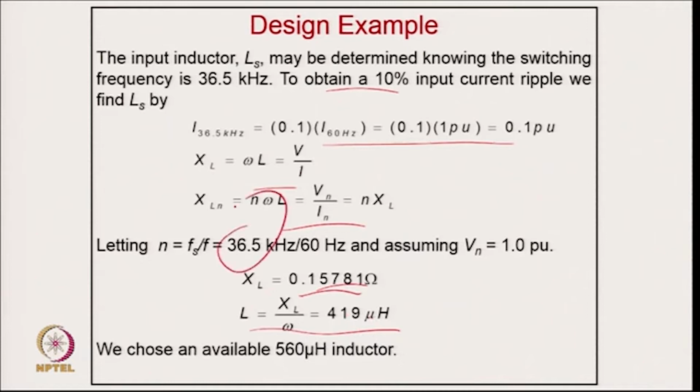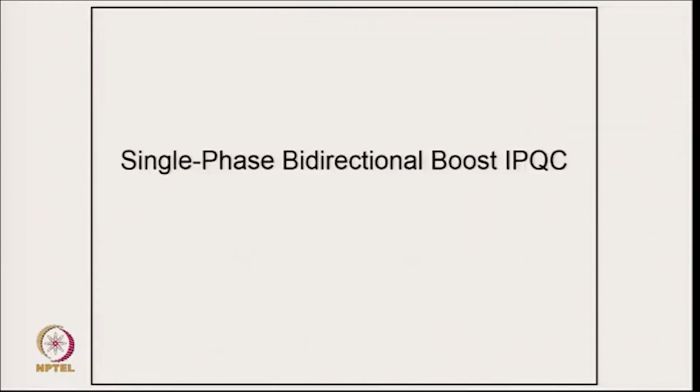Your switching frequency is quite high, 36.5 kilohertz, so the inductor value is quite small, less than half a millihenry, only 0.419 millihenry, or you can call it 419 microhenry. We can select a little higher standard value, 560 microhenry inductor.